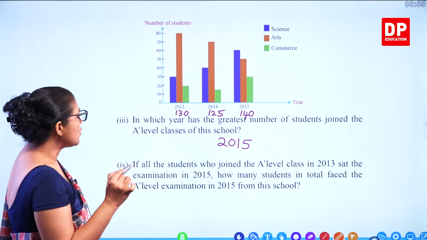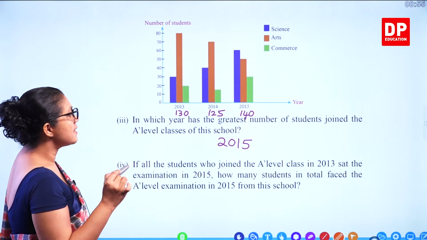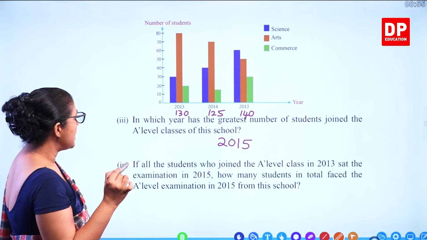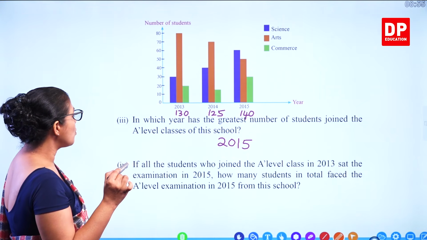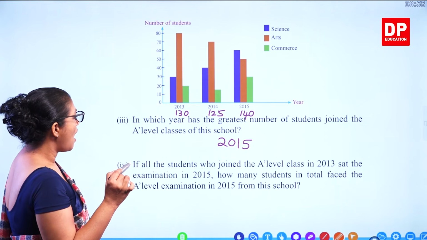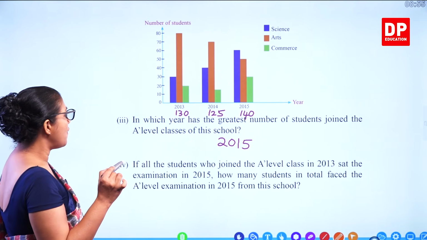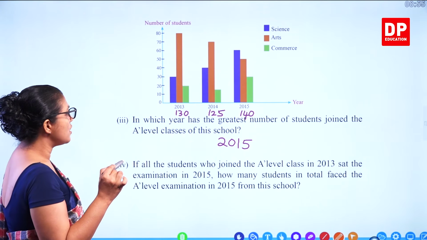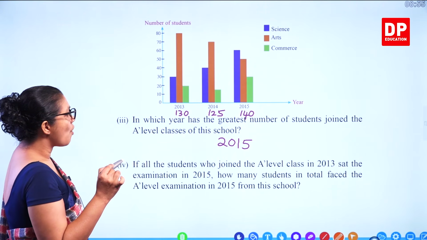And if all the students who joined the A-level class in 2013 sat the examination in 2015, how many students in total faced the A-level examination in 2015 from this school?